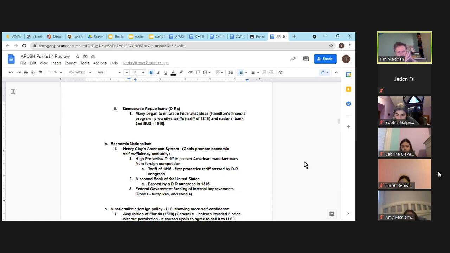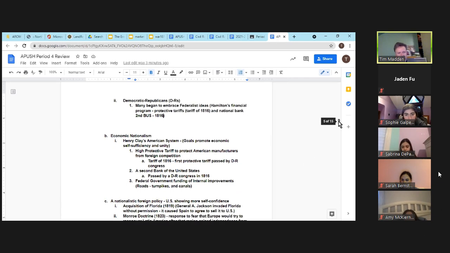Clay wanted the federal government to fund the building of roads and canals, so that the East, West, and South would have much easier access to raw materials and markets through these internal improvements. We'll talk about that more with the market revolution.